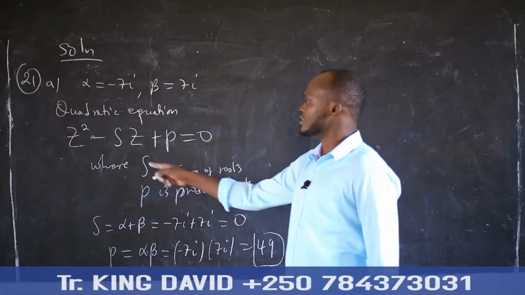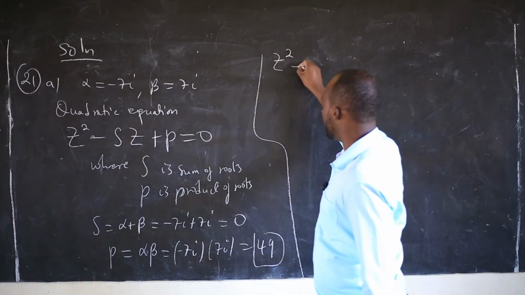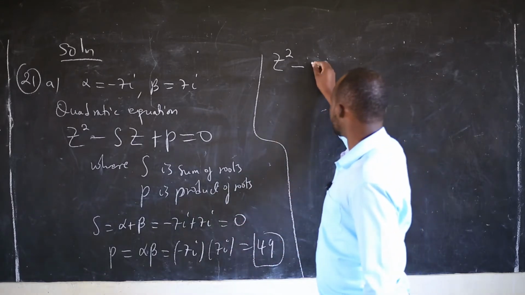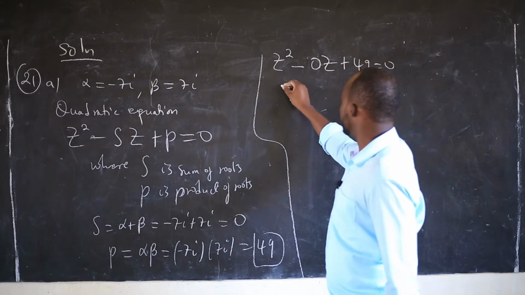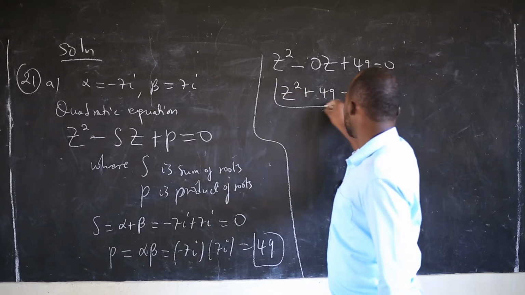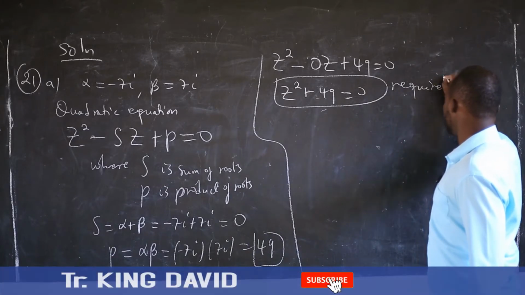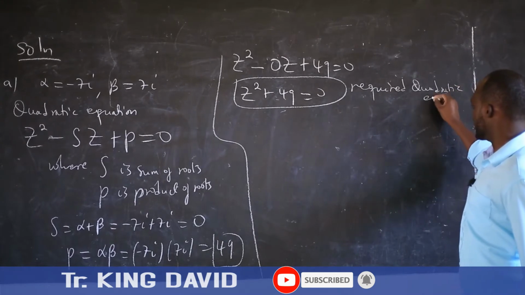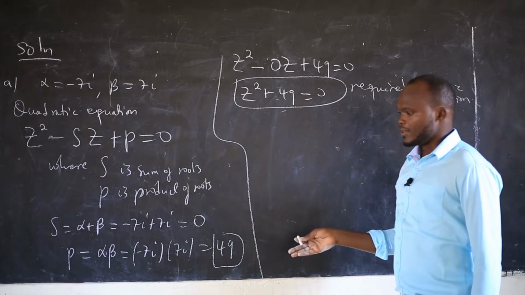Bring this in the formula: z squared minus sz, S is 0 so no need of writing it, 0z plus 49 equal to 0. So the answer is z squared plus 49. This is the required quadratic equation. That's it, we are done with A.